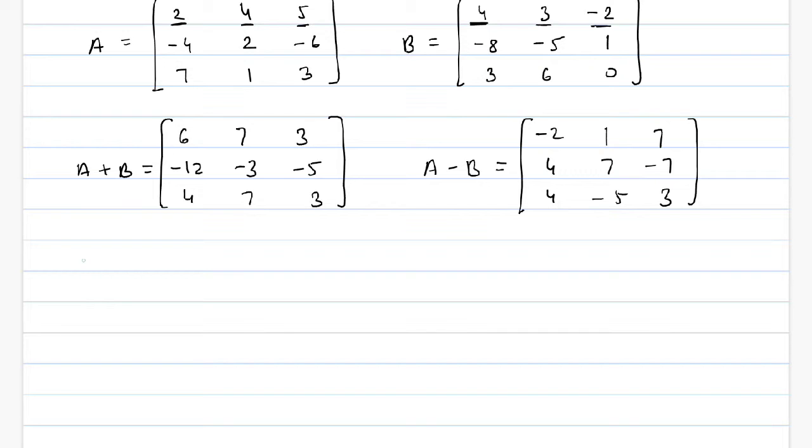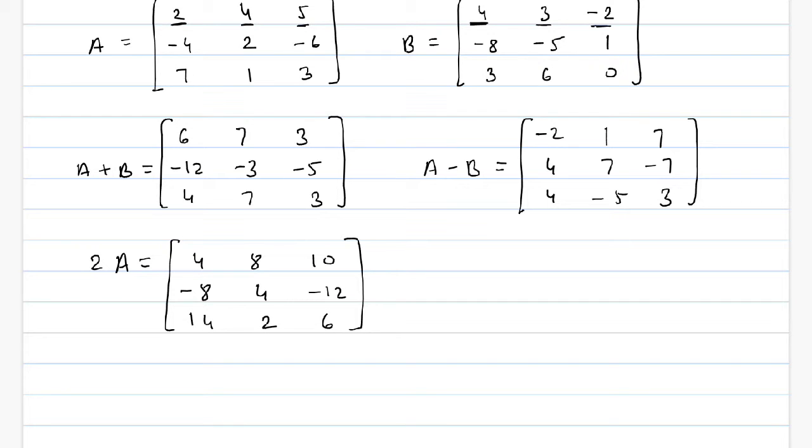Then if we have a constant multiplied, so if I need to find, let's say, what is 2 times A, each value of our matrix will be multiplied by that particular constant. So we will have 2 into 2, 4, then 2 into 4, 8, then we'll have 10, minus 8, 4, minus 12, 14, 2 and 6.